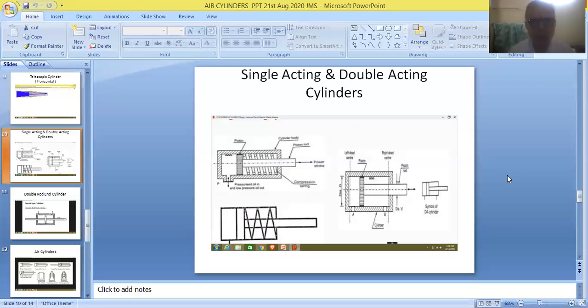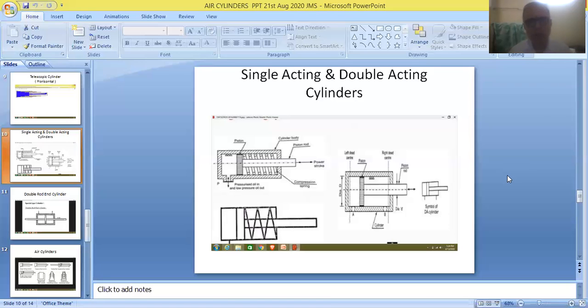So friends, a return spring is very essential for operating a single acting cylinder. You can see the return spring arranged between the right hand side of the piston and the right end of the cylinder.